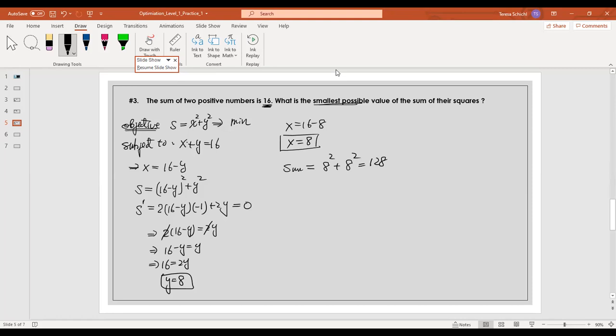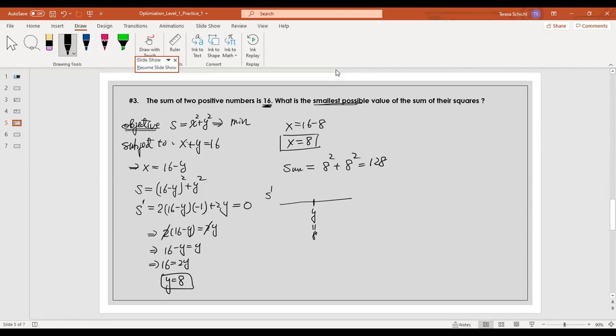So we said this will give you the minimum, the smallest possible value of the sum. If you want, you can take a look here, right? So you can check that y equal to 8 really gives my objective function the minimum. You can do the derivative plot like we did before. So S prime: we solved y equal to 8, right? So this is 8.